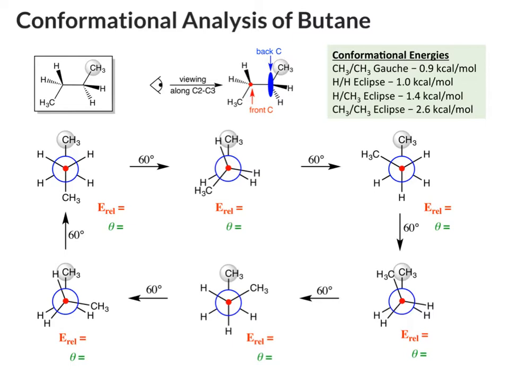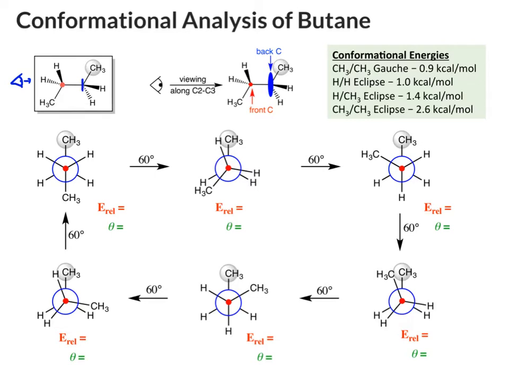So we're going to start by just converting this 3D structure into the first Newman projection. And what we're doing is we're viewing from left to right, viewing like this, such that here's your front carbon, here's your back carbon.